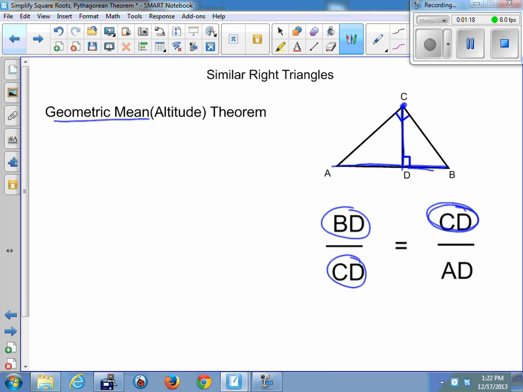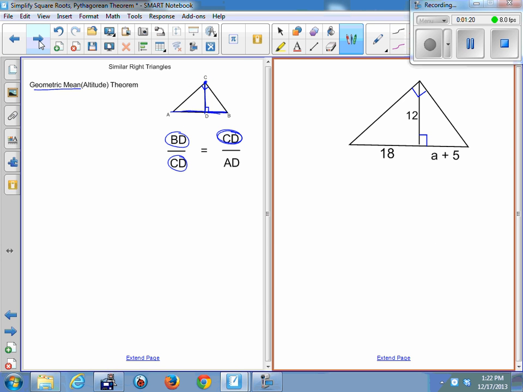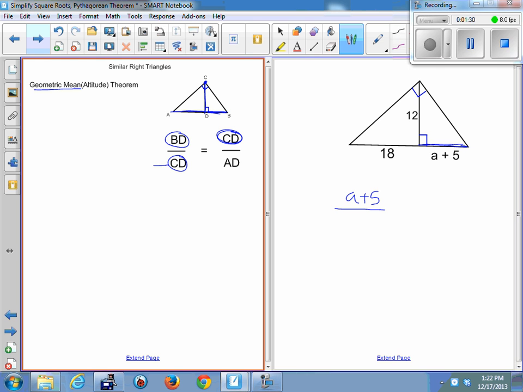So let me give you a problem where you would see this. In this case, BD is this little part here. So A plus 5 over, and now this CD is my altitude. So these are my altitudes here.